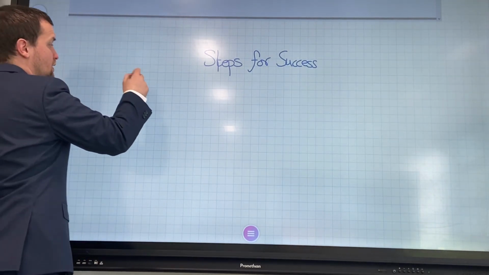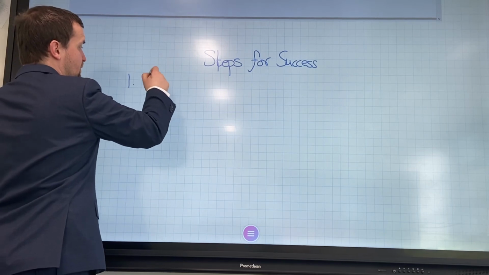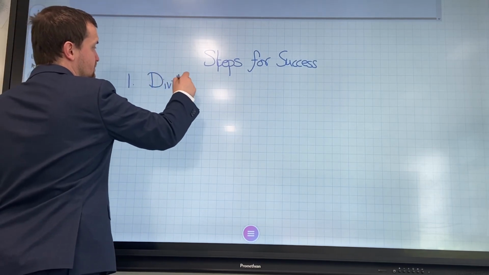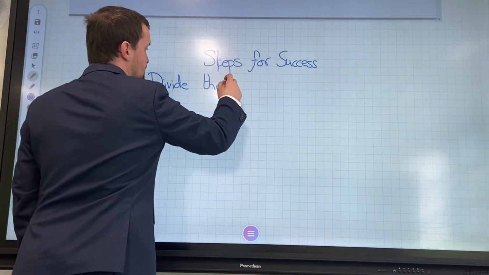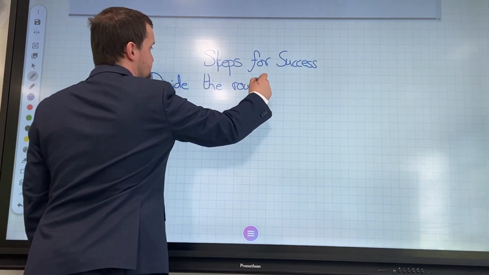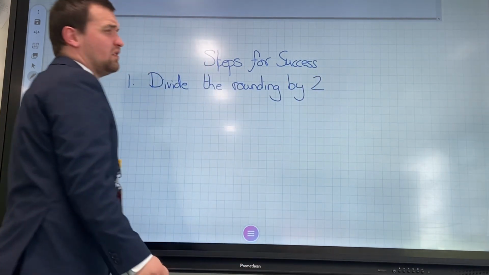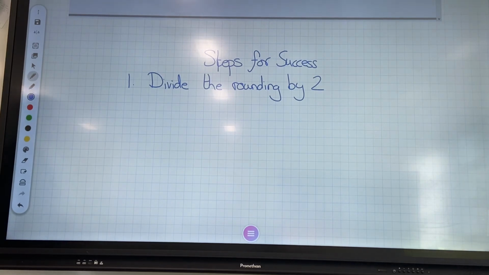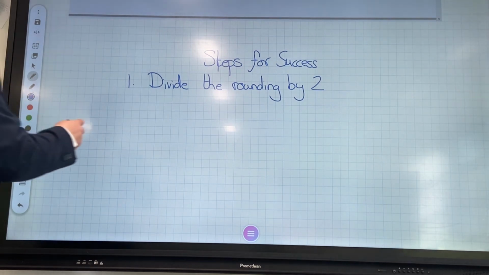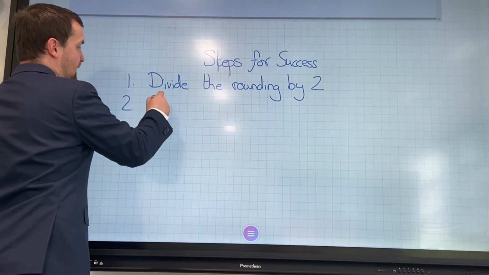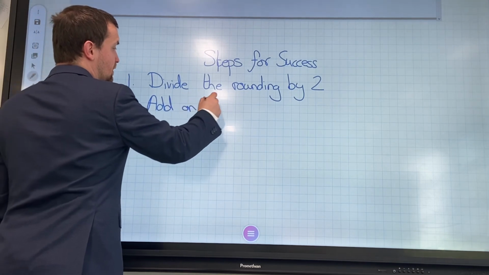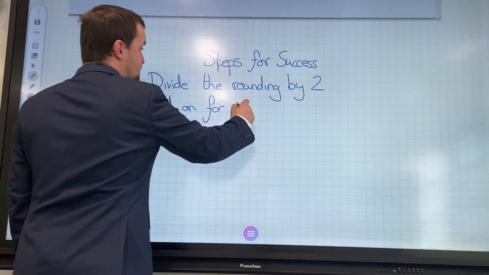So step 1, divide the rounding by 2, whatever they've rounded it to. When it says correct to the nearest mile, to the nearest meter or whatever, you're dividing that by 2. Step 2, add on for greatest possible.